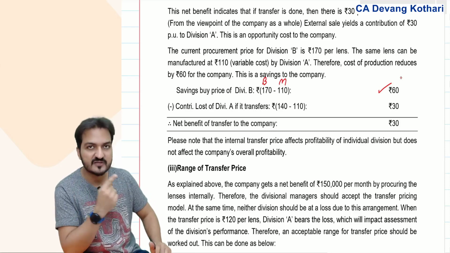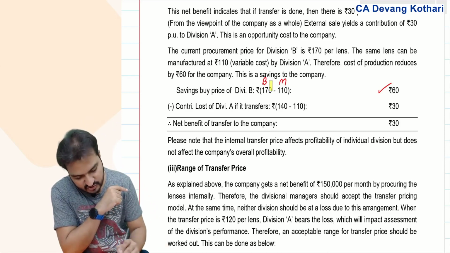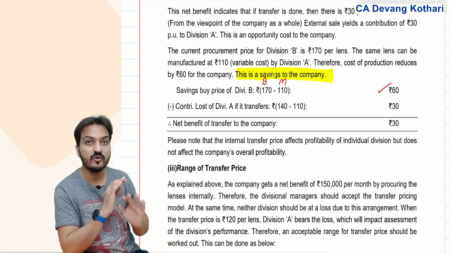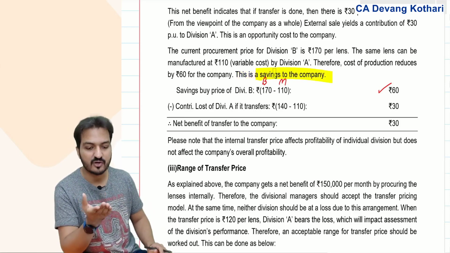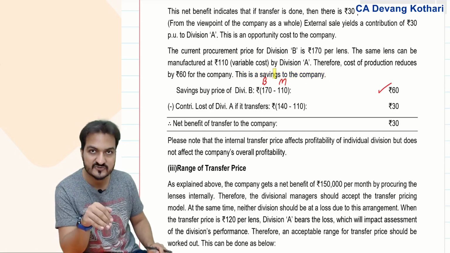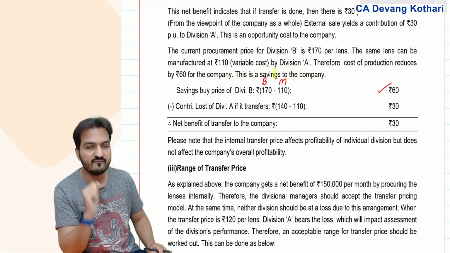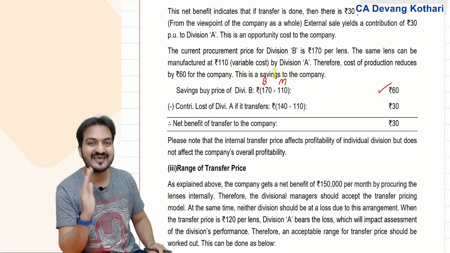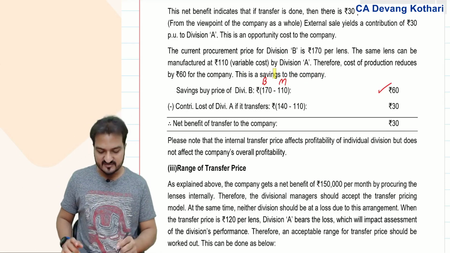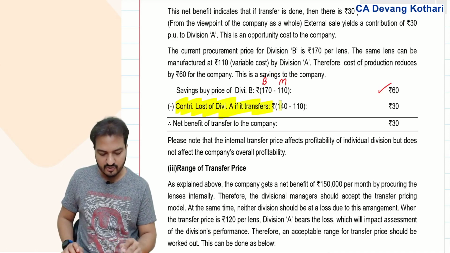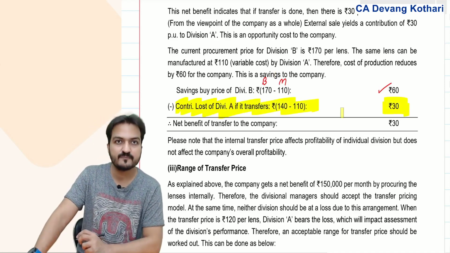Look, when I describe savings over here, these are savings to the company as a whole, not to individual division. The company will save 60 rupees because they will produce the material in-house. But against that, they will have to sacrifice the external sale of division A. On that division A external sale, they will sacrifice contribution of 30 rupees.